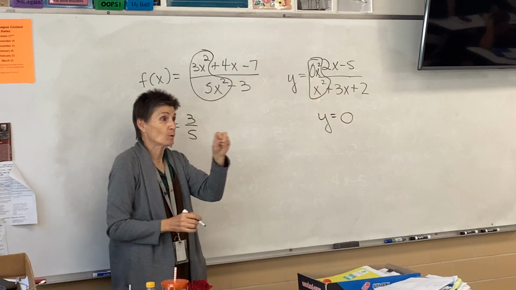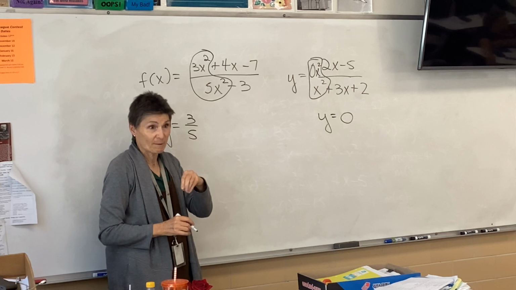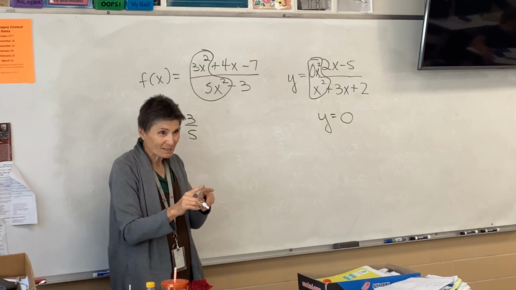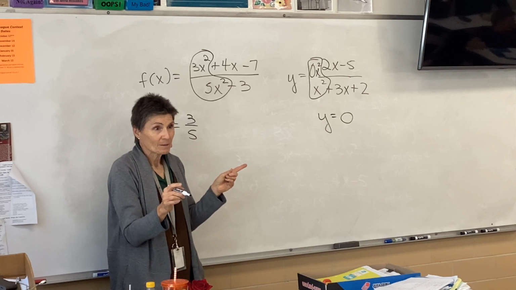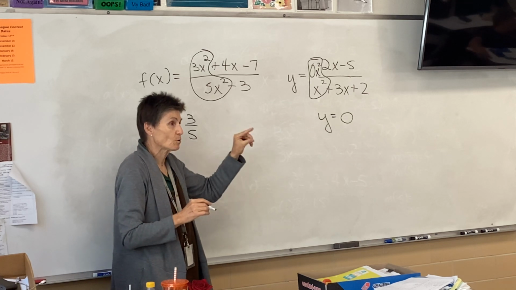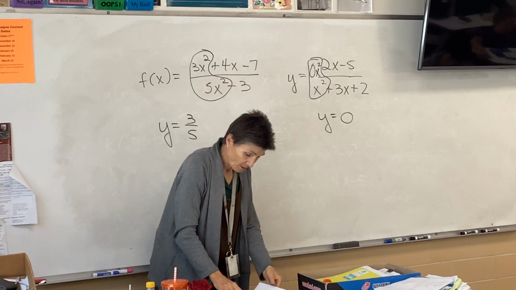Now, I don't know if you're listening to Drew or not, but he said the power on the bottom is bigger. When that happens, your asymptote is always going to be 0, because the fraction is always going to get smaller if the denominator power is bigger. Great.